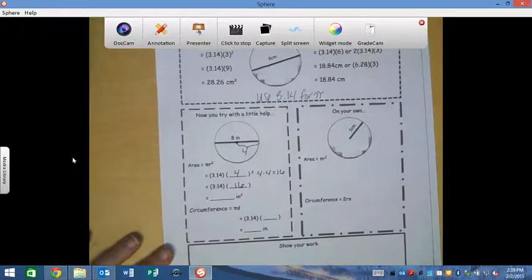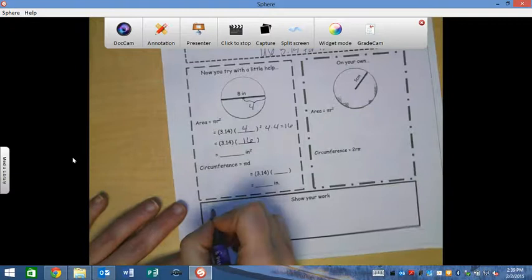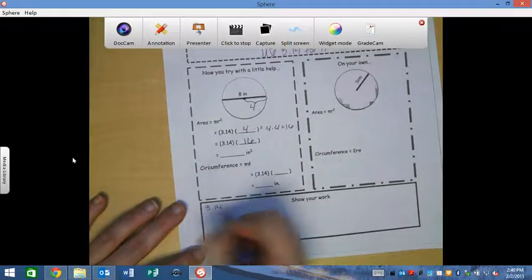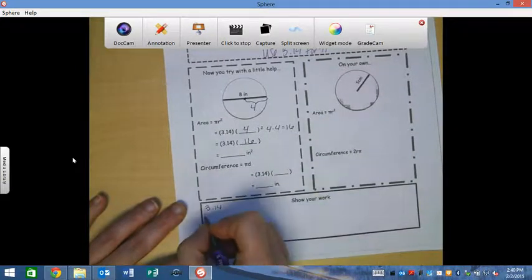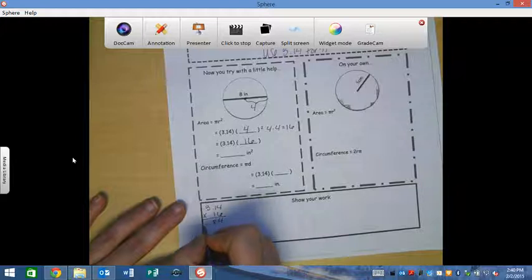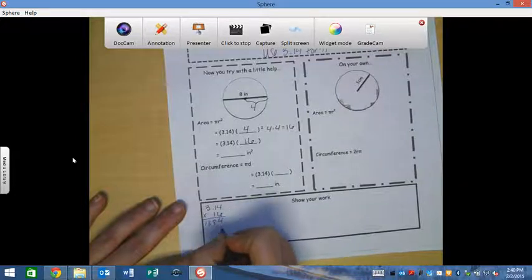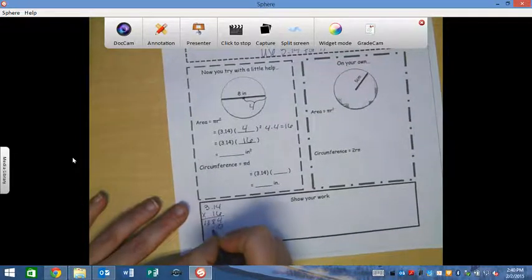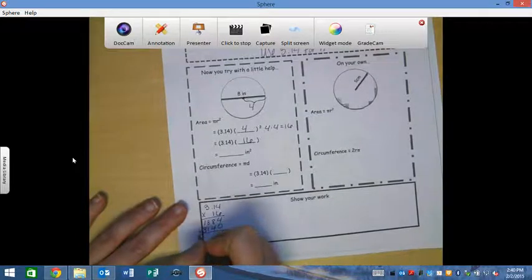So then, if we come down here to the bottom, as a show your work area, you have 3.14 times 16. We're going to multiply it out. Okay, then once we multiply, we need to add.